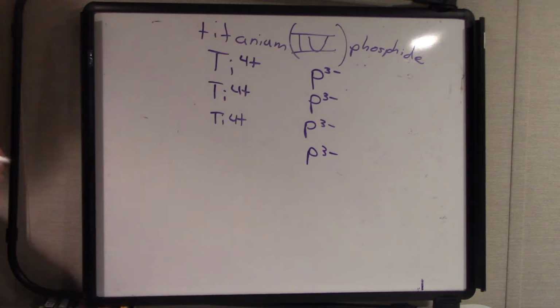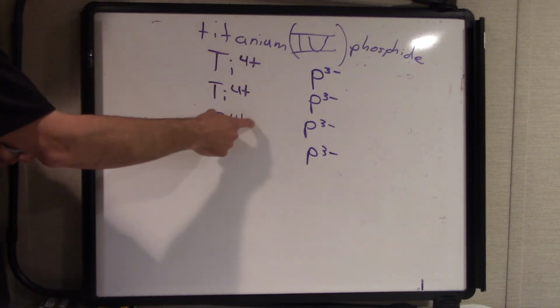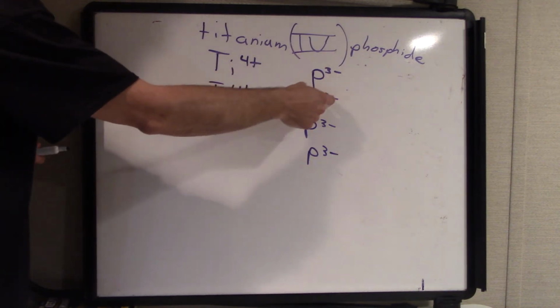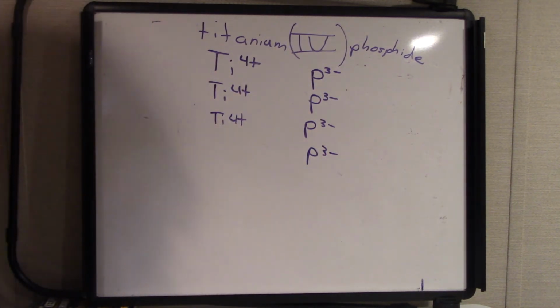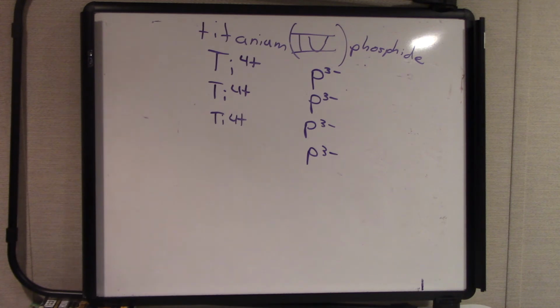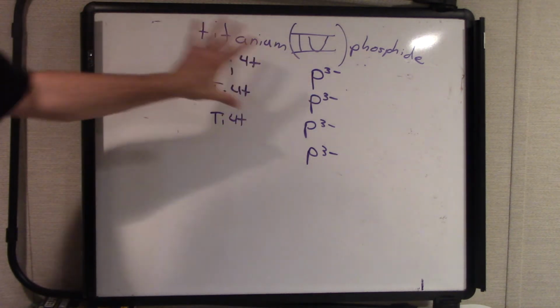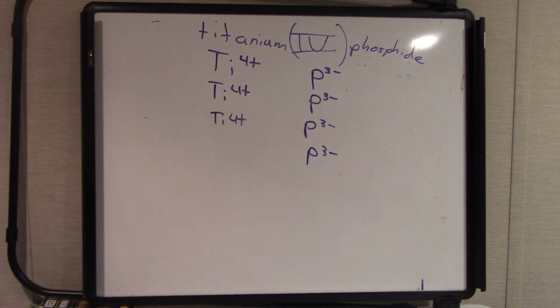Check to see if I have charge balance. +4 +8 +12. -3 -6 -9 -12. I have charge balance. That means this is the correct number of each of the type of ions that I'm dealing with. I'm now ready to write my formula.